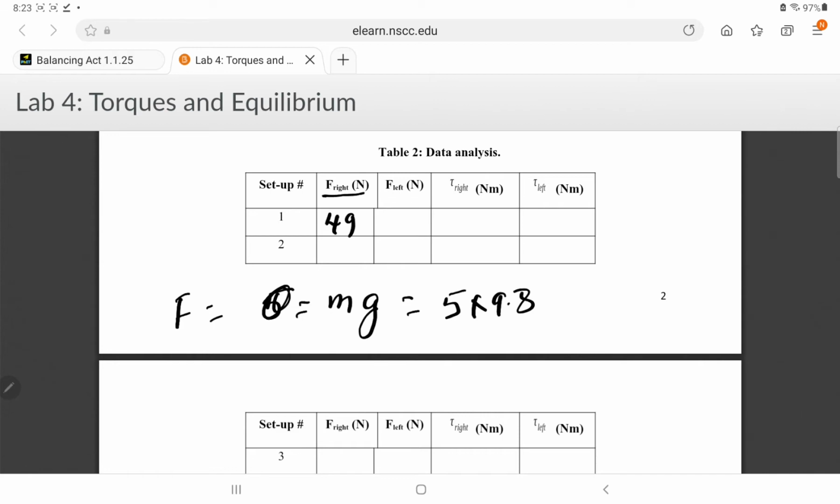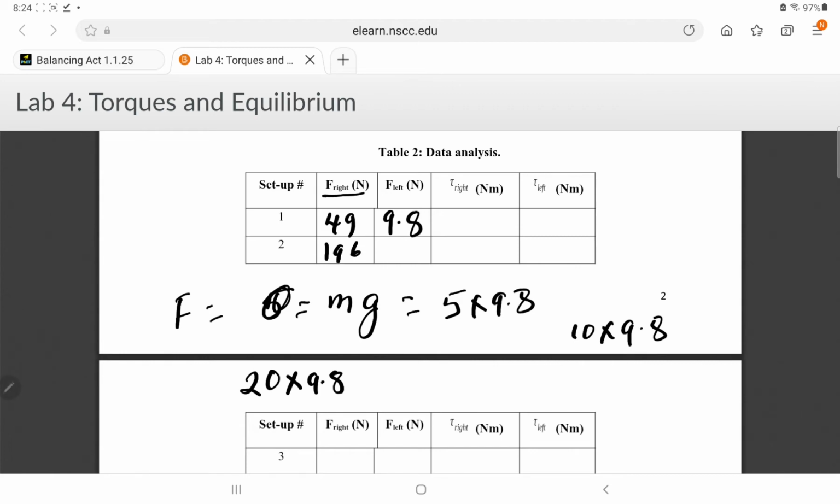And F left, on the left, mass was 10 and 9.8, so it gives you 98. For the second data, mass on the right was 20, and 20 multiplied by 9.8 will give you 196.